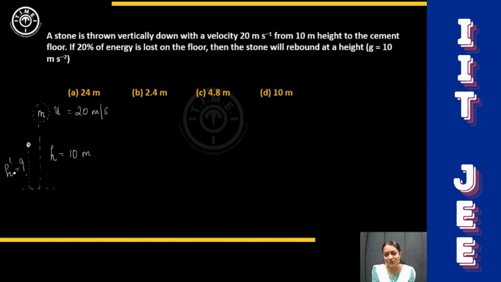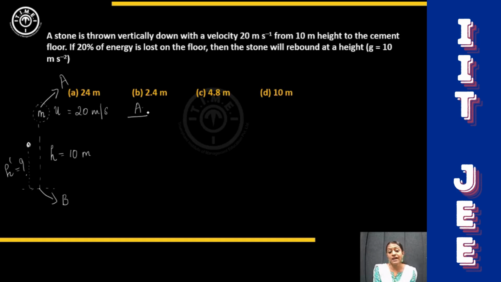So here also we have to apply the energy conservation principle. Okay, so we can consider this point as A and this ground point as B. First of all, let us take what is happening at point A. Yes, at point A, the stone is at a certain height above the ground, so definitely it is having gravitational potential energy, and also it is not dropped from rest, it is thrown with a vertical velocity, right?